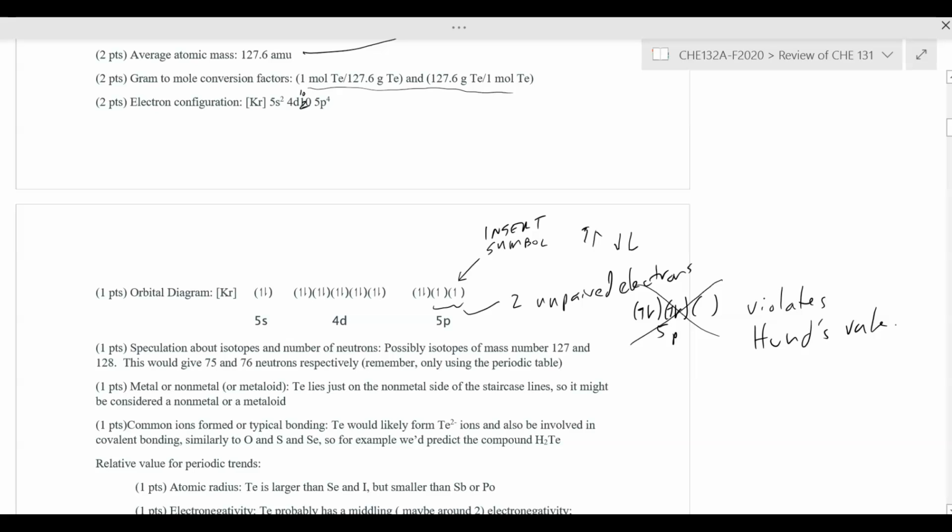Now, in terms of the isotopes, unless you're looking at a radioactive element, where the average atomic mass is a whole number in a bracket, that tells you the most long-lived isotope of an element that only has radioactive isotopes. Looking at 127.6, it's probably reasonable to speculate that maybe there's an isotope that's 127 and 128, but I don't really know that.